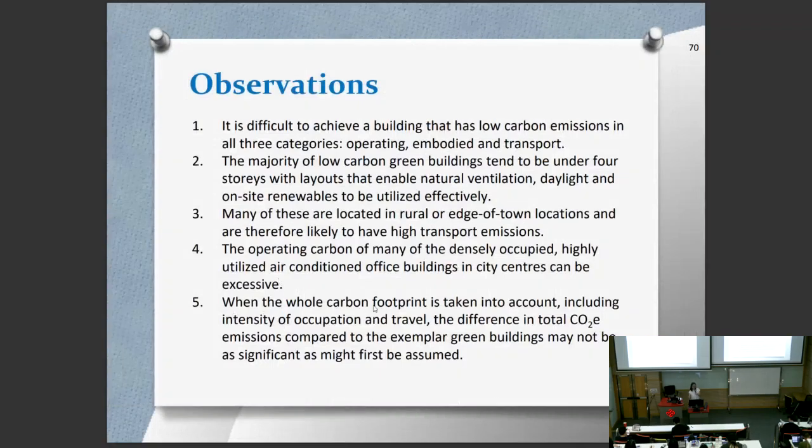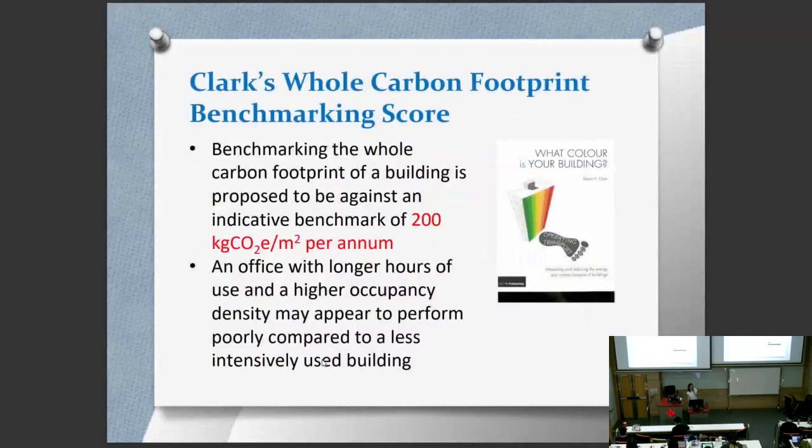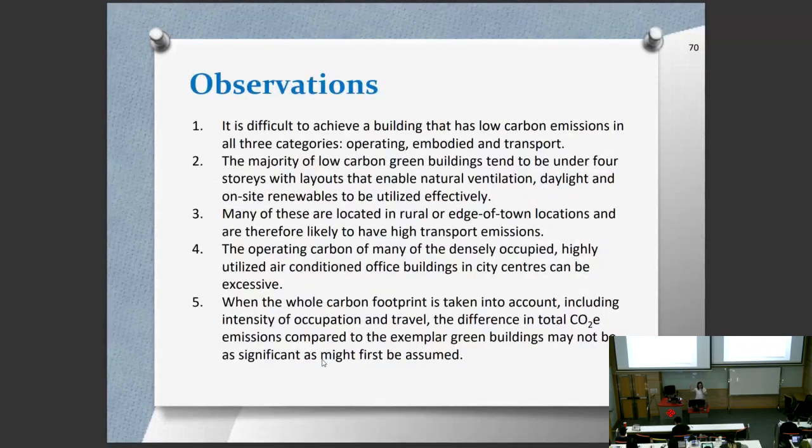When the whole carbon footprint is taken into account, including the occupation and the travel, the difference in the total carbon emissions compared to the exemplar green building, the so-called zero carbon building, may not be as significant as one might assume. So that's the major observation.